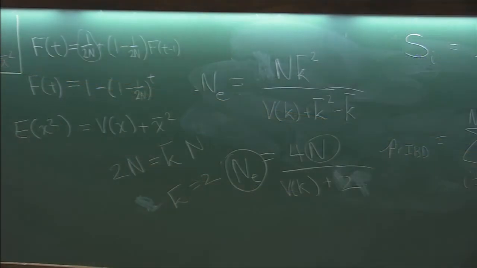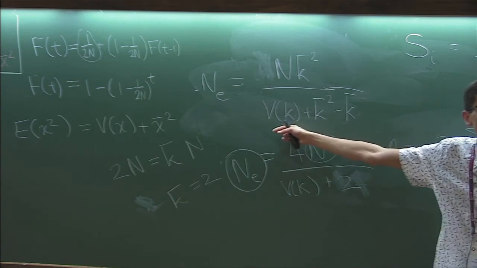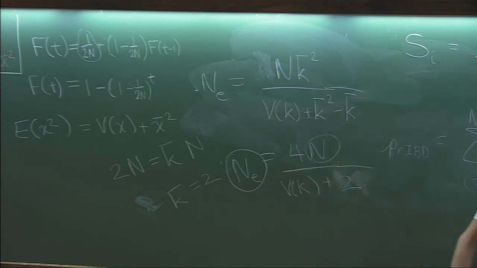What going through this exercise shows is that the thing that matters is the variance in reproductive success. And this is what I was mentioning at the beginning of yesterday's lecture. Here's a case where we started thinking about the chance that 2 alleles came from the same parent, and we worked through this in a very natural way, and boom, out comes the variance, kind of unexpectedly.